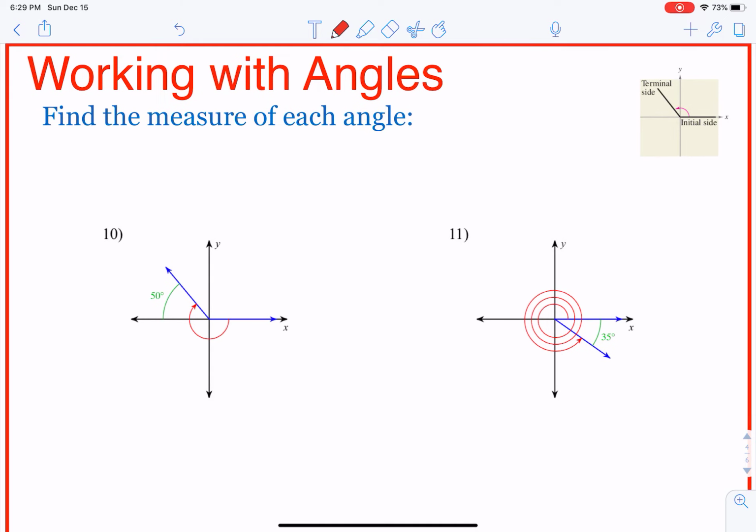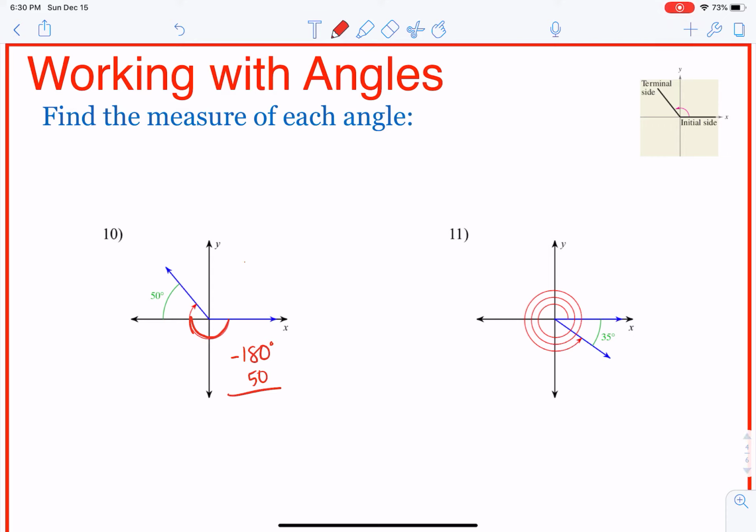So here, this is saying find the measure of each angle. It's giving us a reference angle, and it wants us to find the measure of each angle. So going from here to here, I know is negative 180 degrees, and I'm adding another 50 degrees. So I can take that 180 and add 50 degrees.